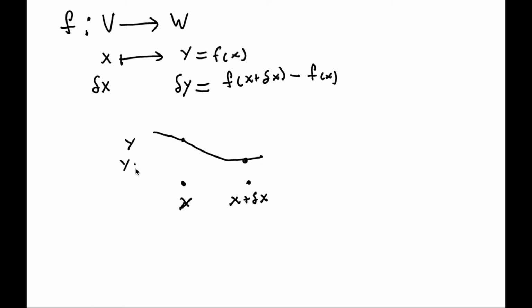Here's y plus delta y, and we're just drawing the triangle with sides delta x and delta y. The classic secant triangle for a function. Okay, so what we're going to do is we're going to define the condition number.